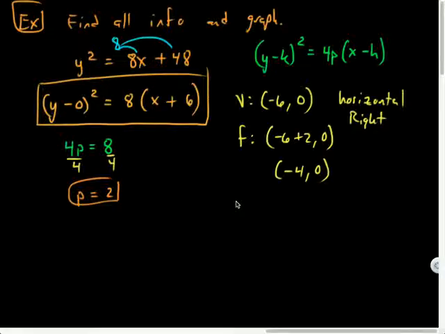Let's see, what was I hitting first? Usually axis of symmetry. I guess I'll keep the same pattern. So the axis of symmetry is also going to be horizontal. So that's going to be y equals, and it'll equal the y coordinate of the vertex, so y equals 0. And the directrix is going to be x equals what, do you think?